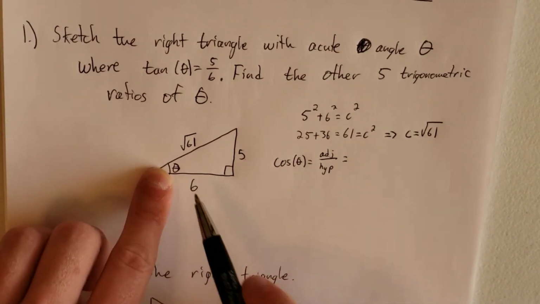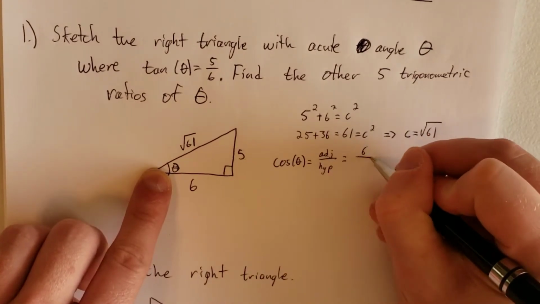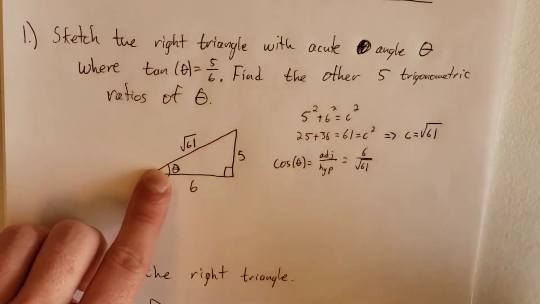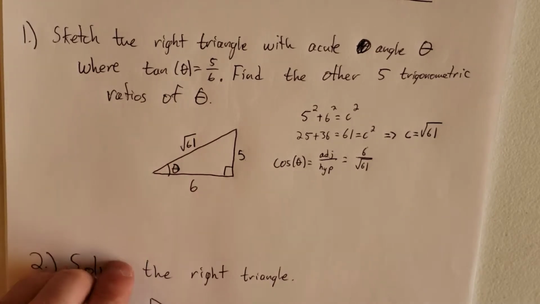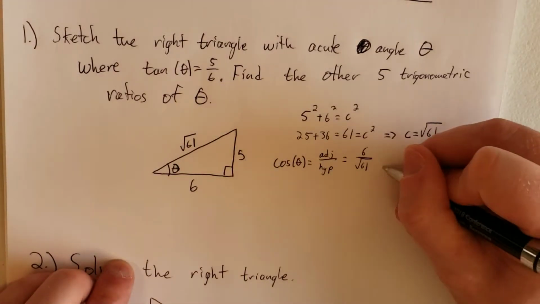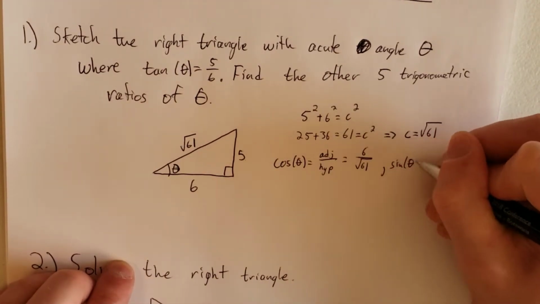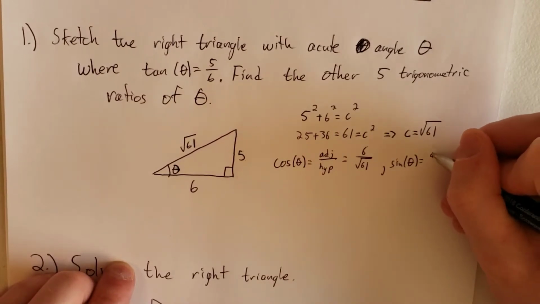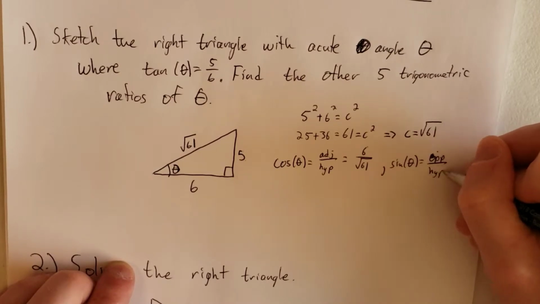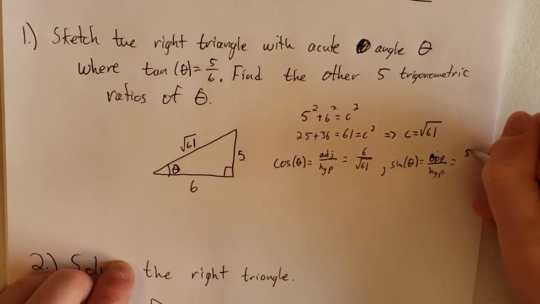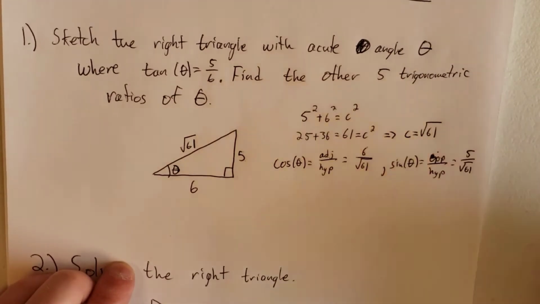So adjacent is 6. Hypotenuse was the square root of 61. And so we've got the cosine of theta. Similarly, we have sine of theta is equal to opposite over hypotenuse. So this will be 5 over the square root of 61.